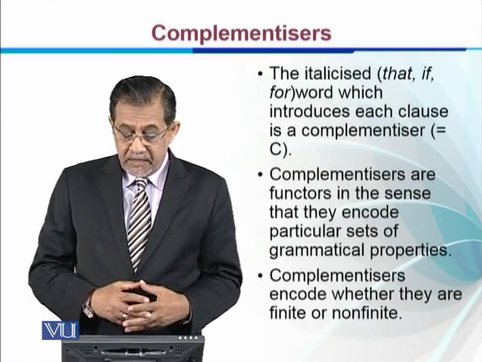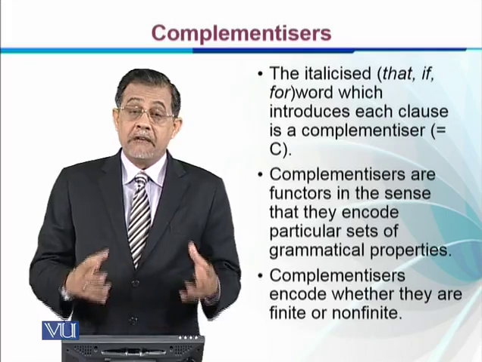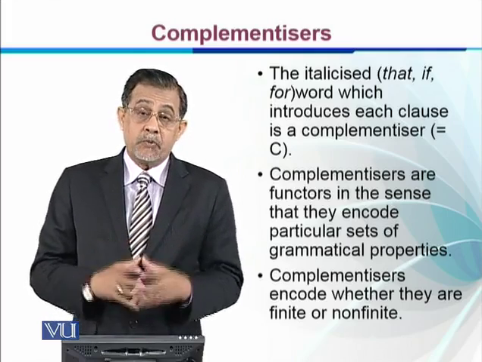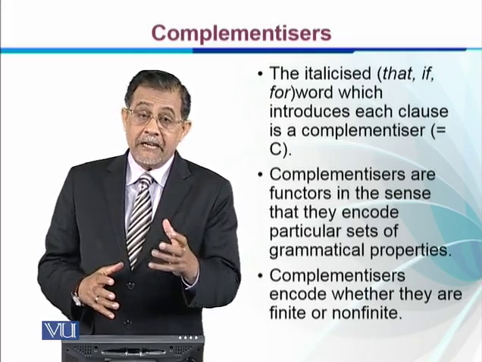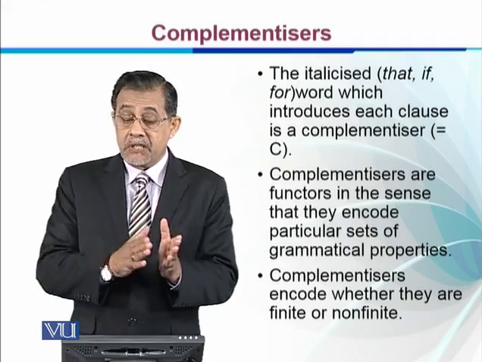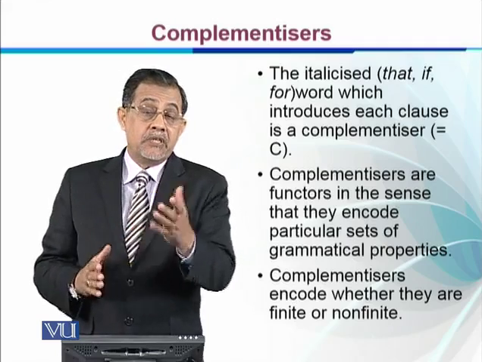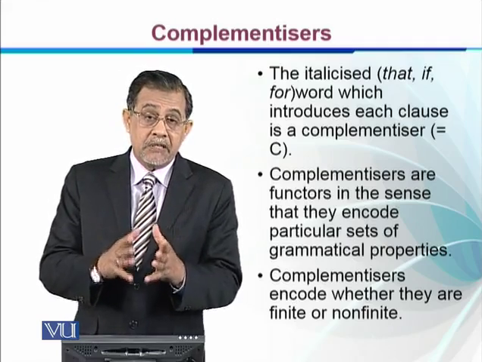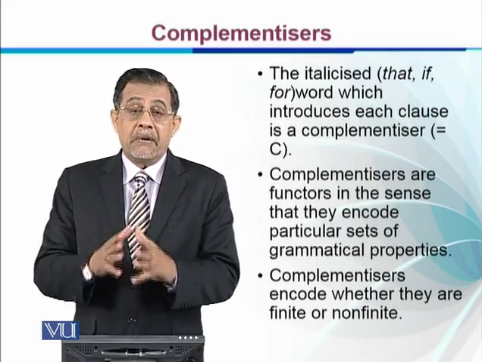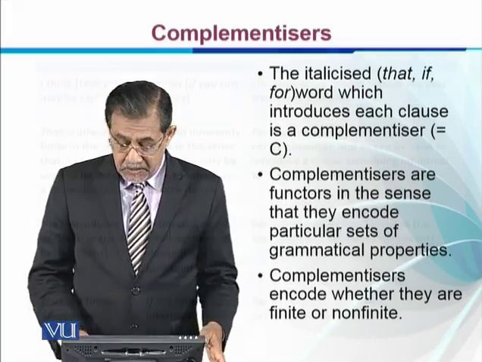Complementizers encode whether they are finite or infinite. Another thing that they do is that they tell us whether the sentence is finite, restricted to time, time bound, refers to a certain time, or it does not refer to a certain time. So that is one of the main differences among the complementizers.